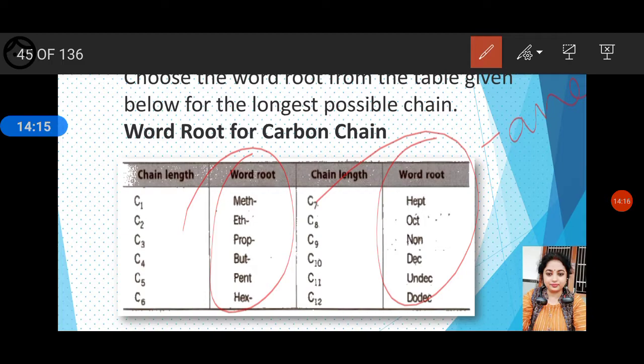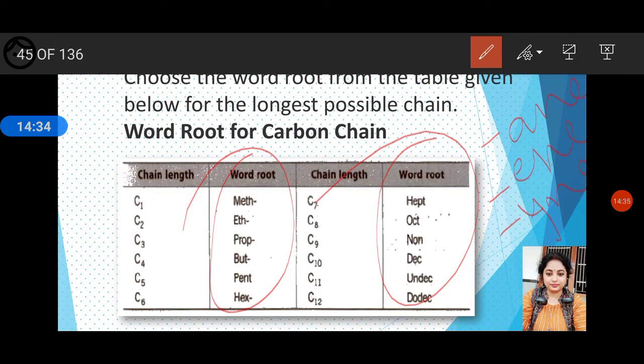If it is unsaturated with a double bond, then it will be ene. If it is unsaturated with a triple bond, it will be yne. I hope you remember all these things. Ane, ene, yne: single, double, triple.